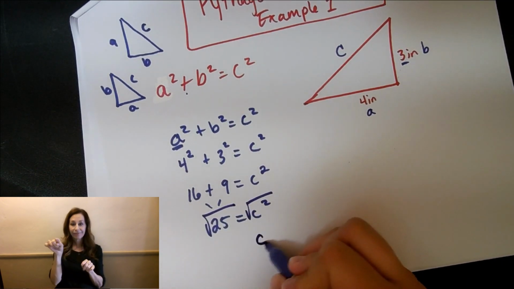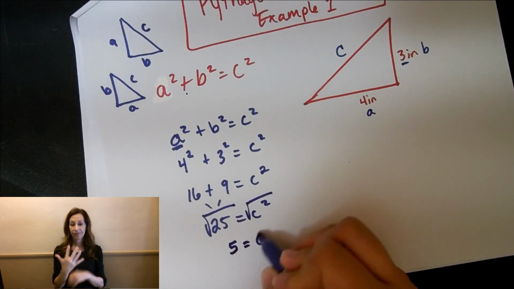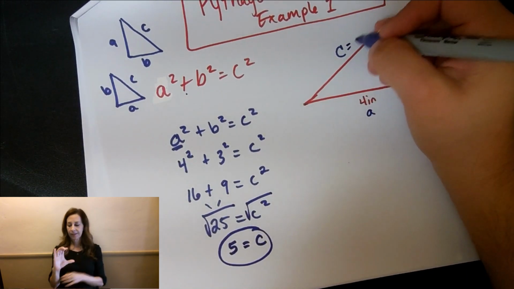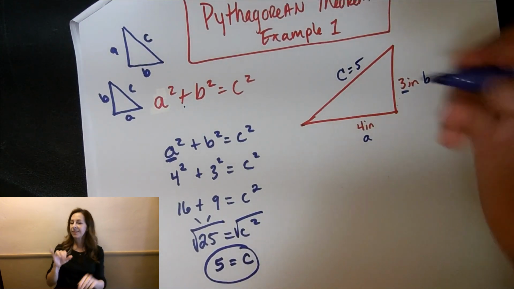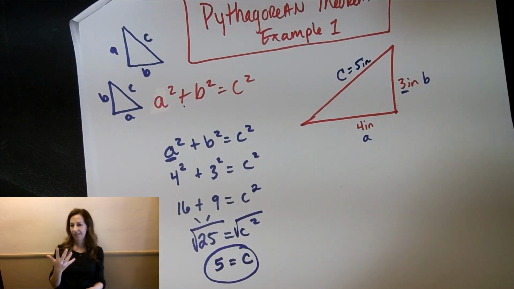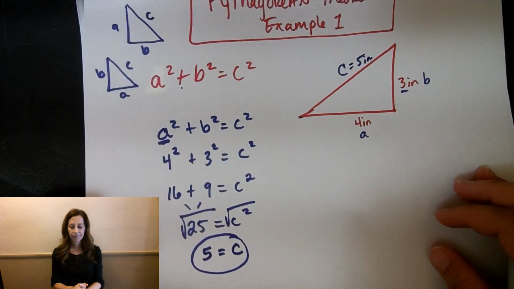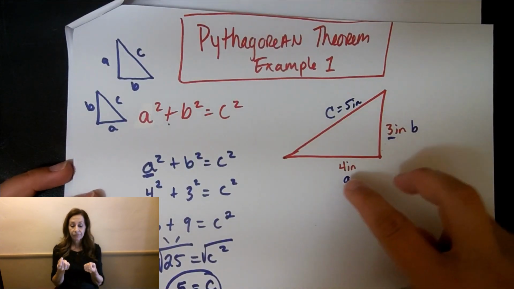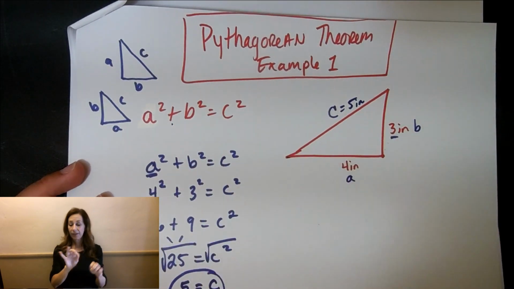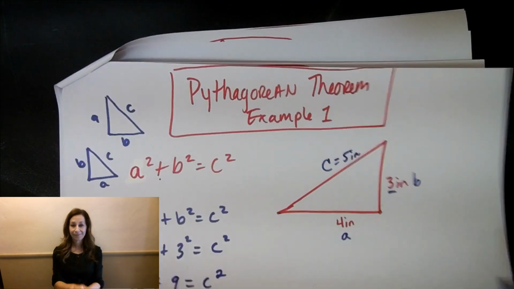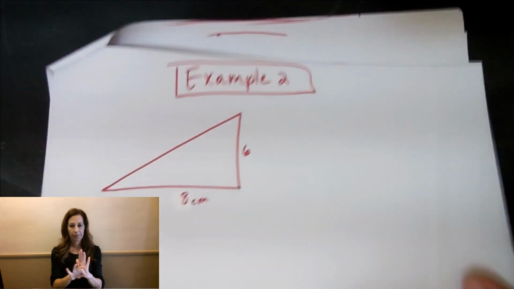C equals 5. And this is in inches, so it should say 5 inches. So all we did was assign A and B, plug them into the equation to find C squared for this example. Just follow the formula.